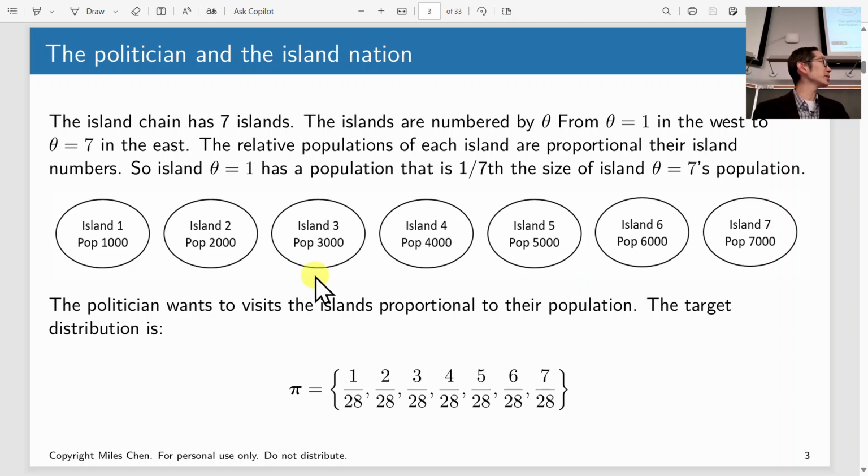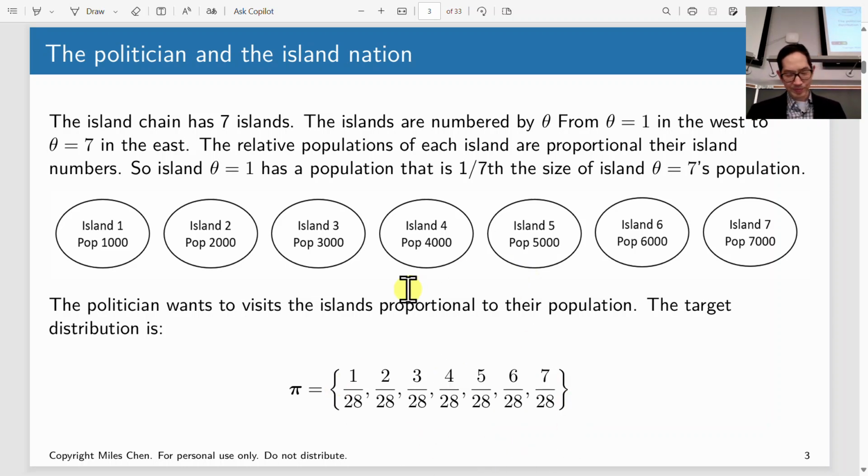And the probabilities of each of those states, at least the target distribution, is this. We want to go to state 1 with a probability of 1 over 28. We want to go to state 7 with a probability of 7 over 28, and so on and so forth. This is what our target probability distribution is.